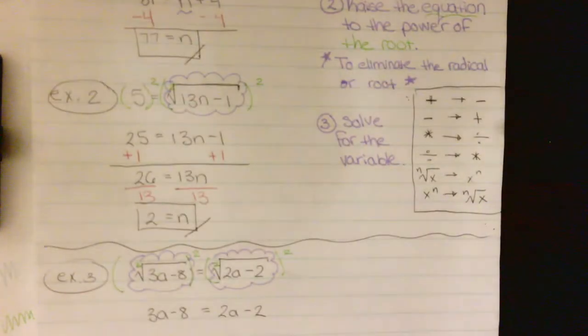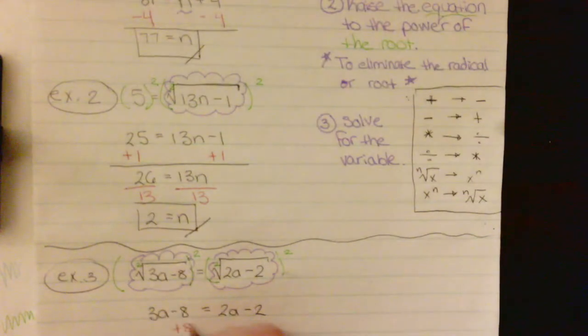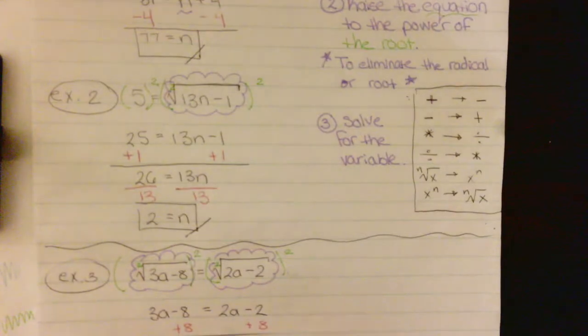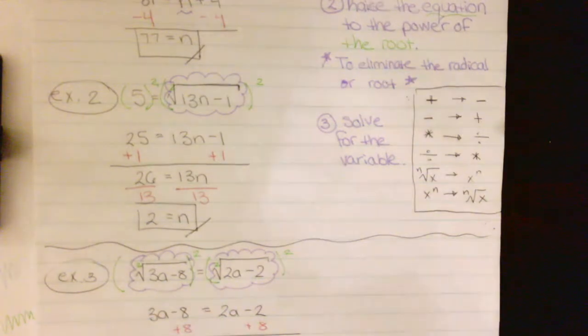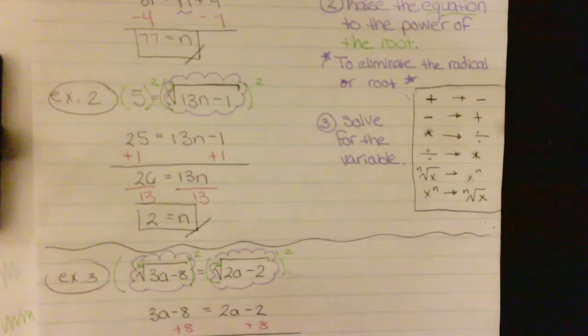Trying to get both variables on one side, both constants on one side, let's just go ahead and work left to right. Let's add this 8. So we've got 3a equals 2a plus 6. Now let's get this variable over here.